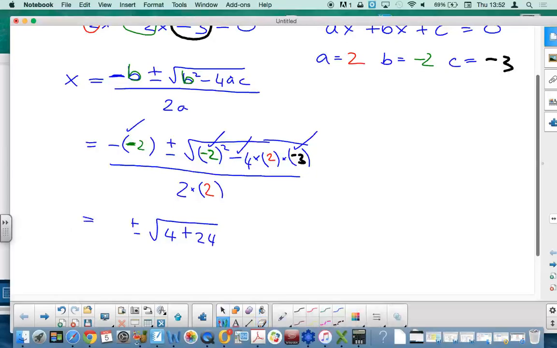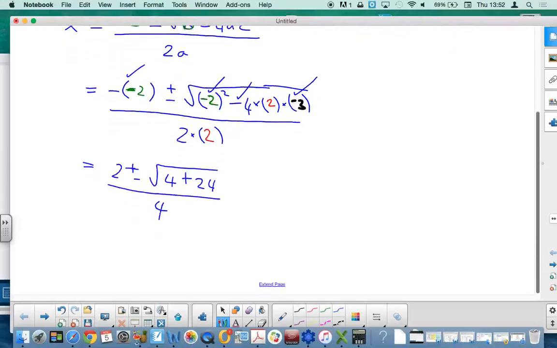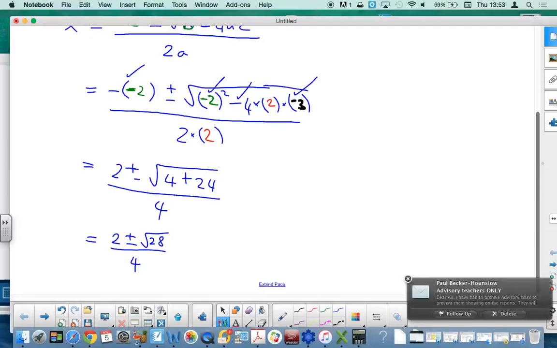Yes, that's just positive 2, plus or minus, all over 2 times a, which is 4. Now, this is where your answers today are going to be a bit different from the textbook. Usually what you do is you work through this as far as you can get without using a calculator. I can get that far, and in some ways you can write that as your final answer. Usually what happens next is you try and simplify this.